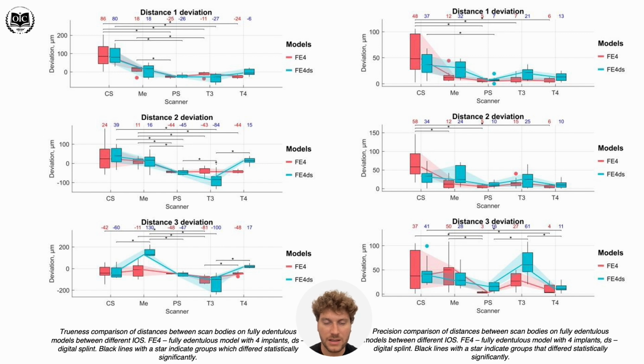So this means that we should not rely heavily on those simple methods of digital splinting, reference objects, or floss between the implants, because these objects don't produce geometry that is sufficient for the intraoral scanner to scan the edentulous area between the implants better and more accurately.